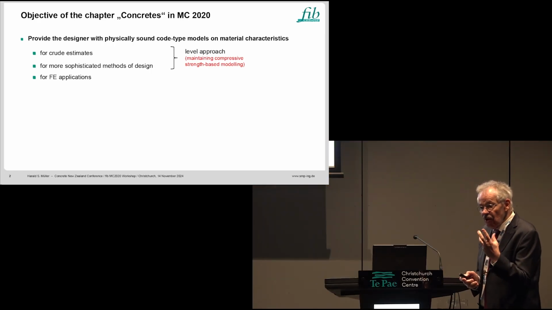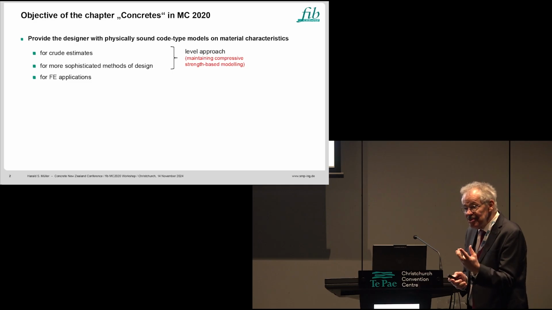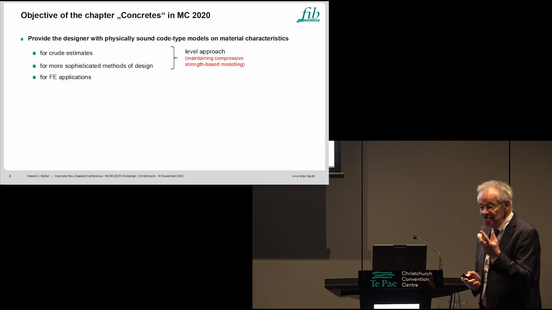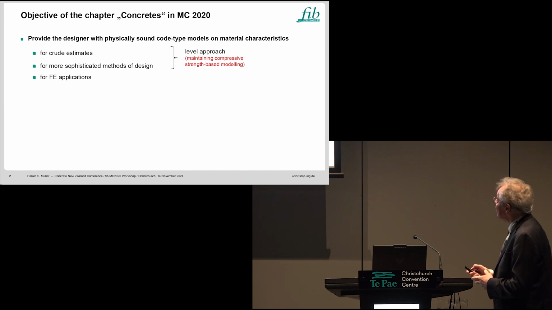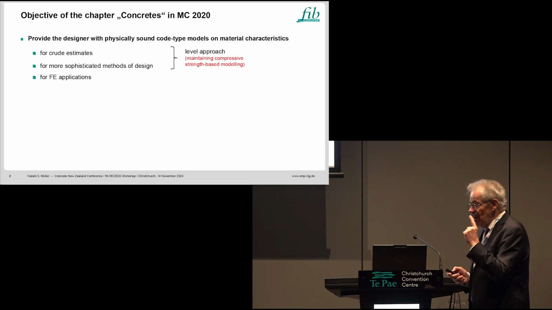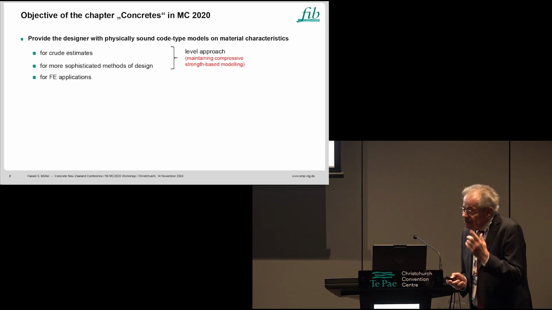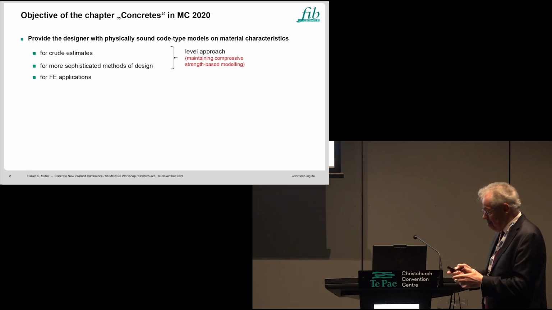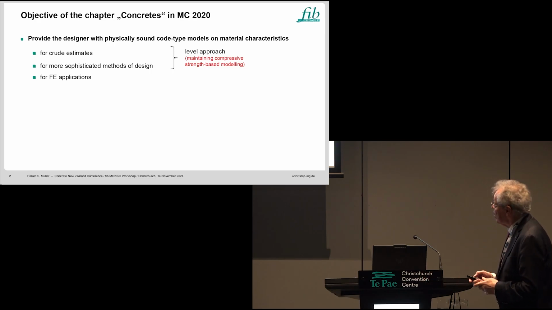This is the only code which should have the information to deduce your finite element basic constitutive equations. We have kept the level approach, maintaining compressive strength as the main criterion first. We have to think about this in future developments, but for the time being, we could not do it differently.